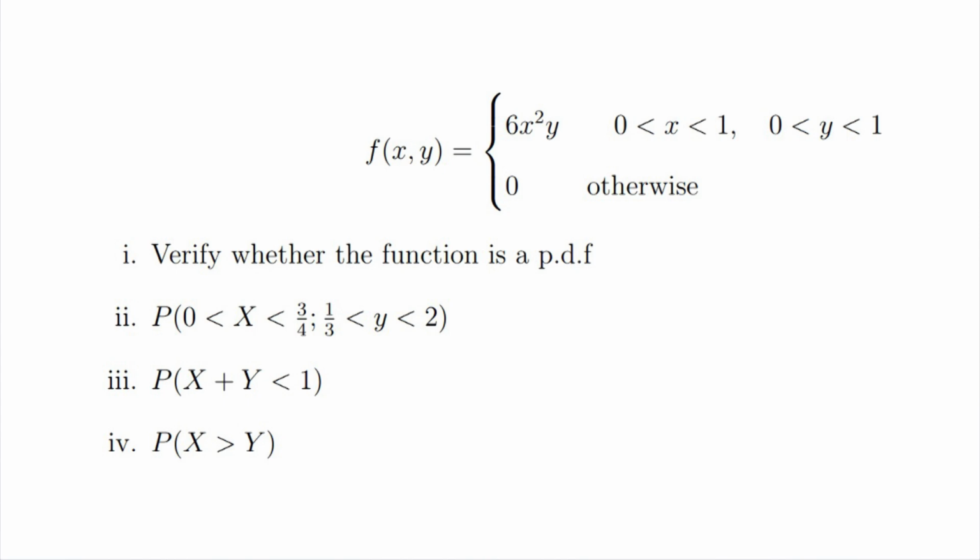Then verify whether the function is a PDF. Probability of 0 less than x less than 3 by 4, 1 by 3 less than y less than 2. Probability of x plus y less than 1. Probability of x is greater than y.